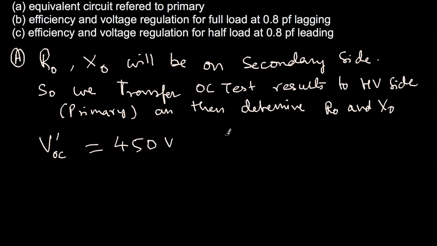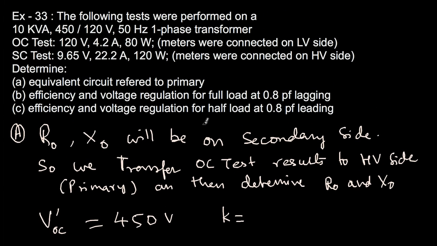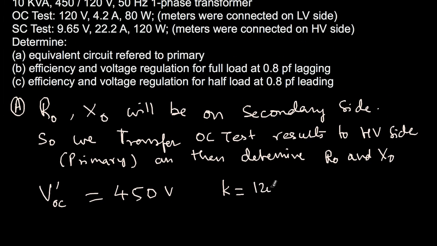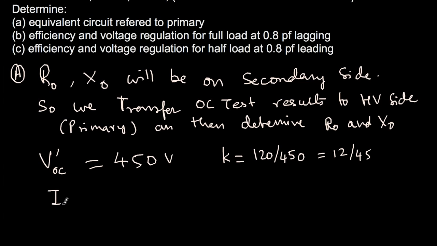So let me just find the K. So K is nothing but V2 by V1. So that is 120 by 450, or nothing but 12 by 45. So based on this, I can find I open circuit dash is nothing but I open circuit multiplied by K. So that is nothing but 4.2 amperes, and then I multiply by 12 by 45.